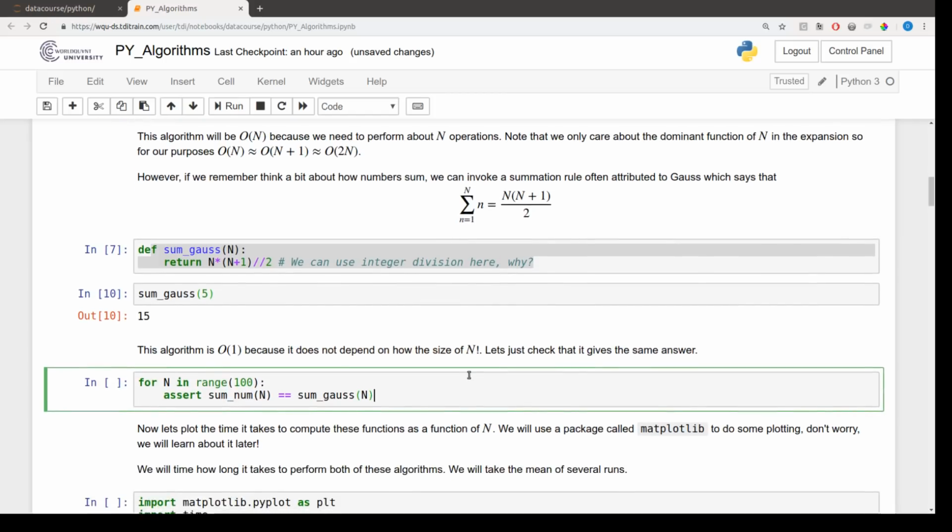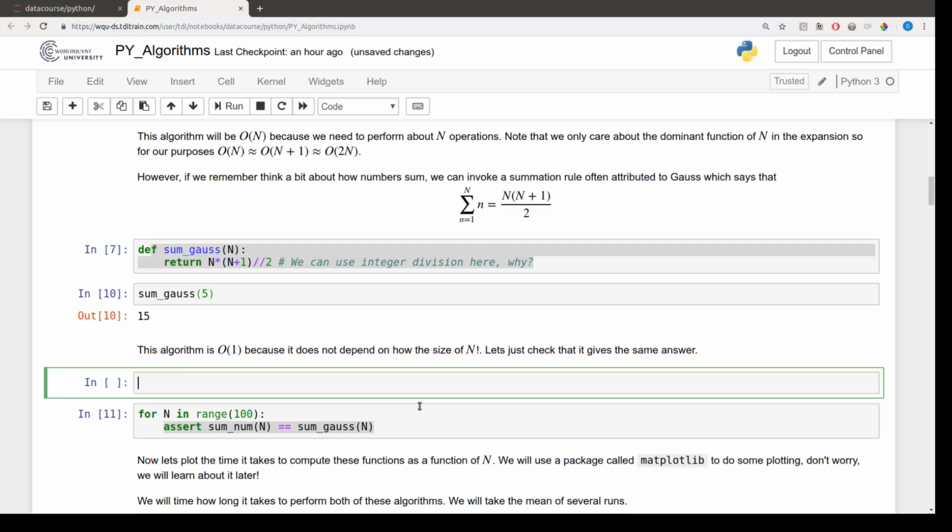And we can go ahead and test that these give the same answer by iterating n from 0 up to 100 and just asserting that the two sums are equal. And remember, I mentioned this in a previous lecture. I don't remember exactly which one.